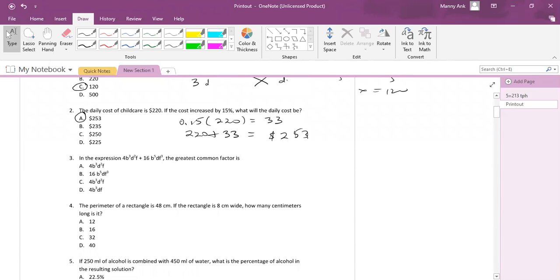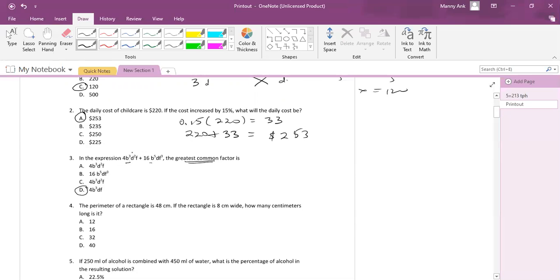Then number three, the answer is D. We want to find the greatest common factor, GCF. So you take the numbers first, 4 and 16. Which number can go into 4 and go into 16? The largest factor of each of them, which is 4. And then between b cubed and b to the power 5, you look at each of the variables too.